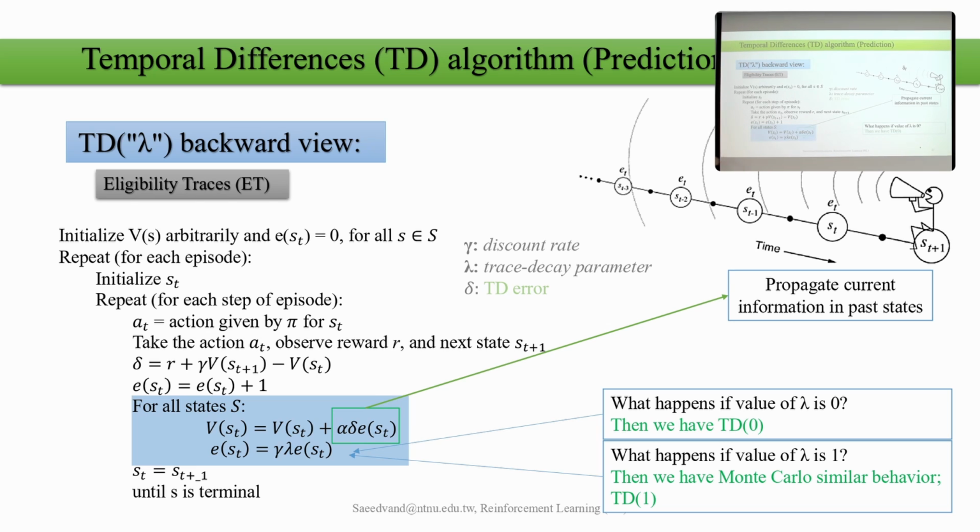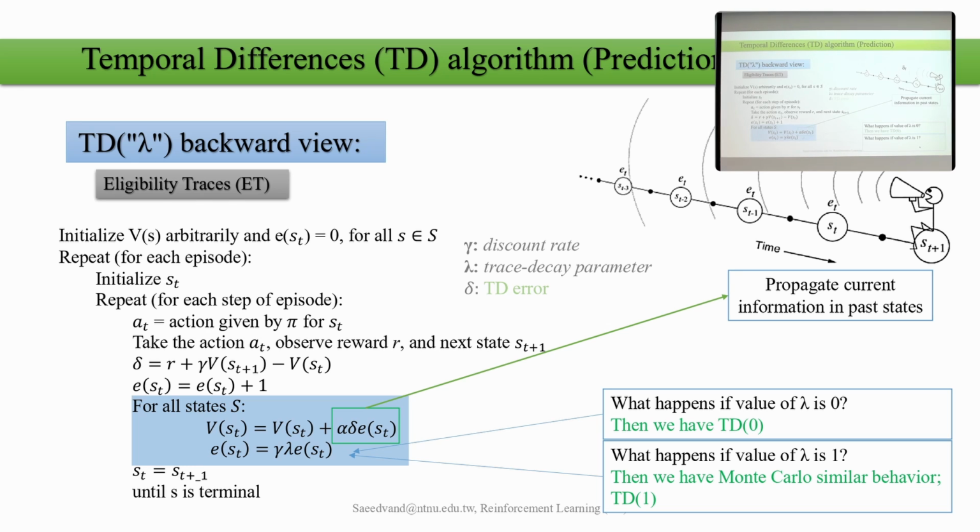Because if lambda is 0 here, then this term becomes 0, right? Completely, that term. Then if this term is 0, each time the eligibility trace is not updating over there. And what is happening over here? We have a term similar to TD(0).